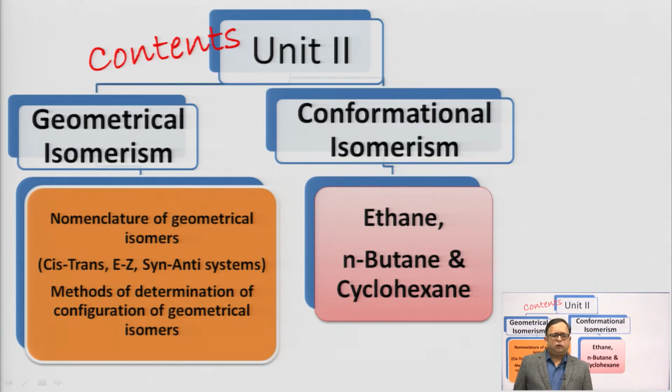As I have discussed in all my previous lectures, this unit comprises geometrical isomerism, which deals with the nomenclature of geometrical isomers, using cis-trans, EZ, and syn-anti systems. Parallelly, methods for determination of configuration of geometrical isomers were also discussed. The second part is conformational isomerism: ethane, N-butane and cyclohexane.